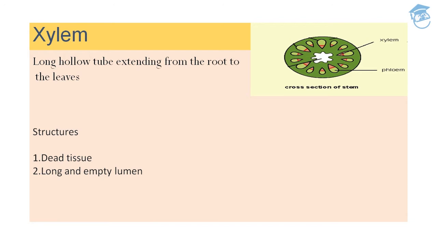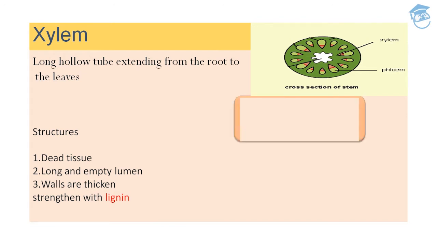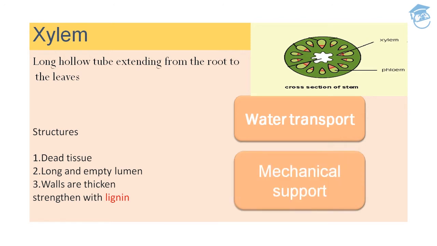It is long with an empty lumen. Lumen means it is hollow from inside. Walls are thickened, strengthened with lignin deposition. The main role of xylem is water transport, and another additional function of xylem is to provide mechanical support. For example, secondary xylem provides mechanical support.